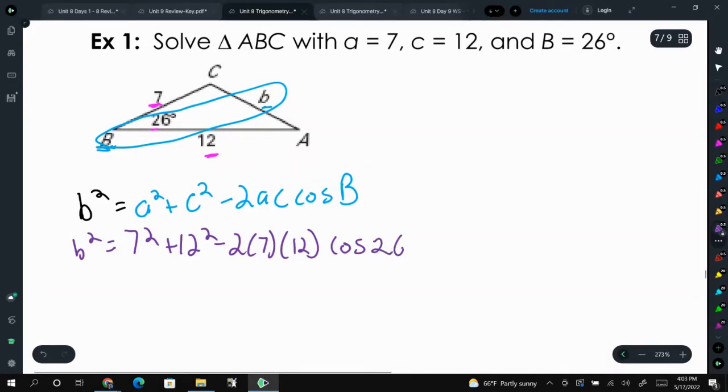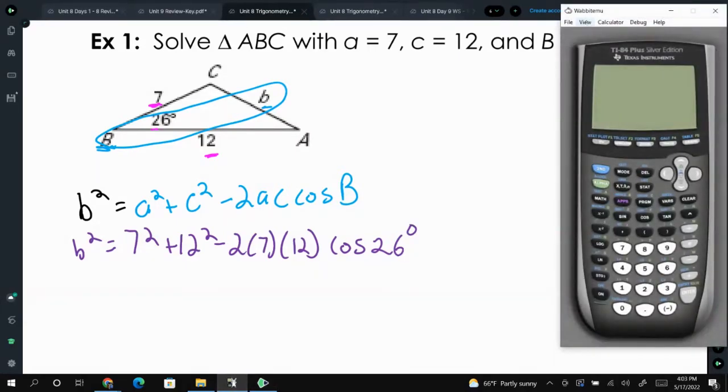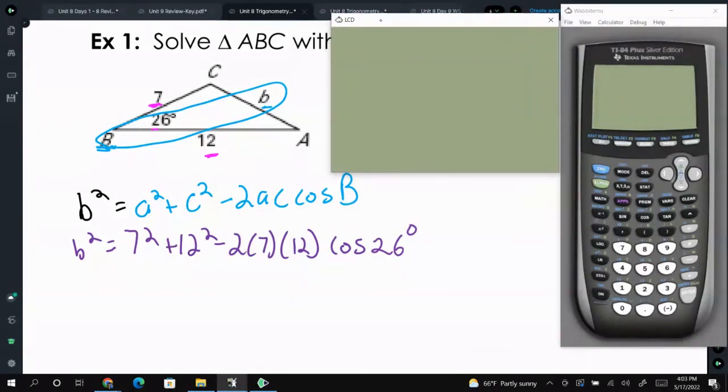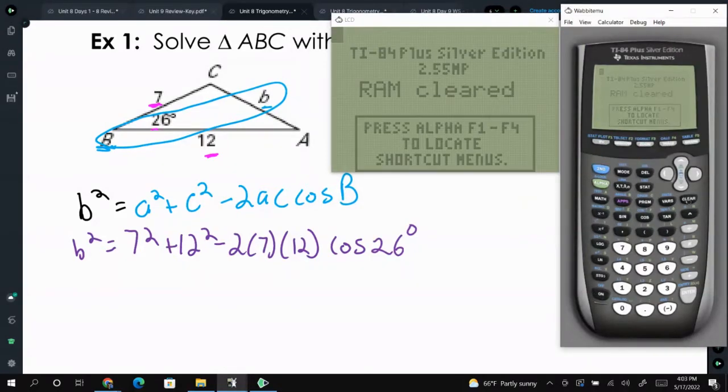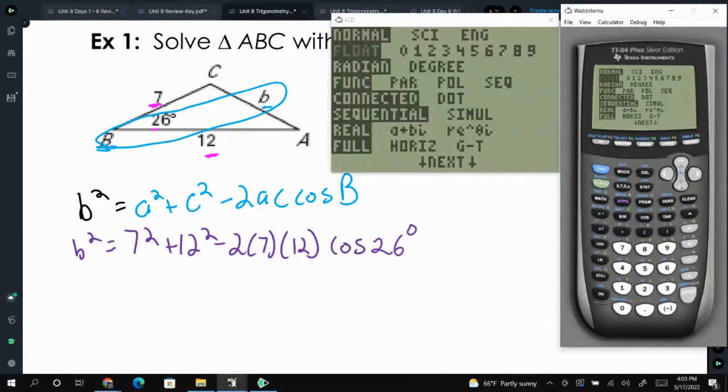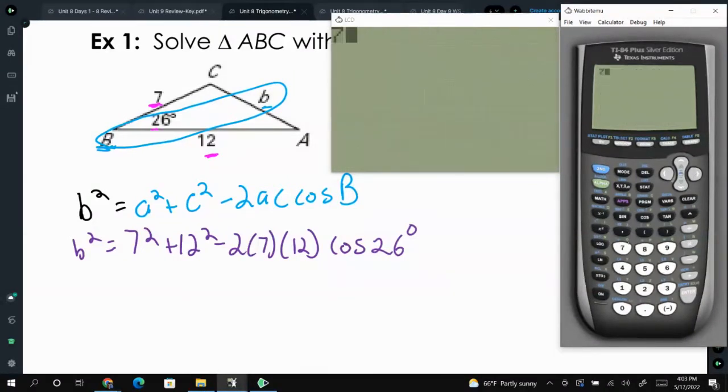The beautiful thing is that we can just type this into our calculator if we are in degree mode. Let's double check. I am in radians, so let's go to degree instead. So 7 squared plus 12 squared minus 2 times 7 times 12 times the cosine of 26.